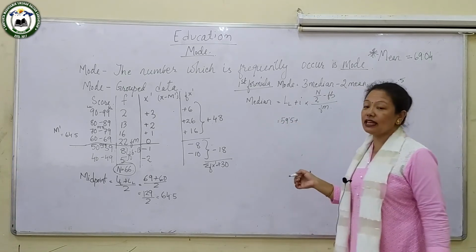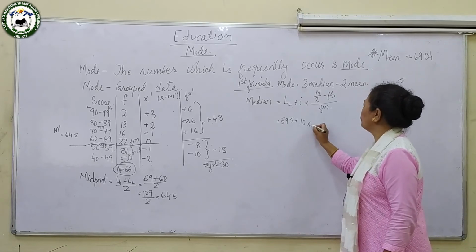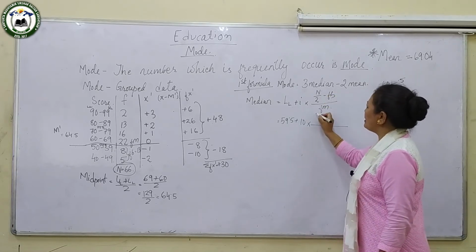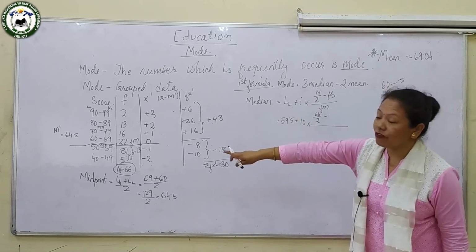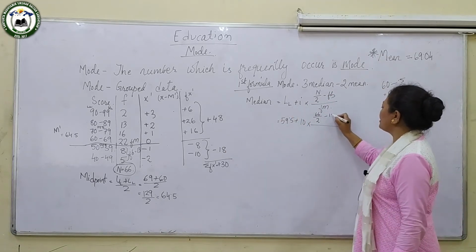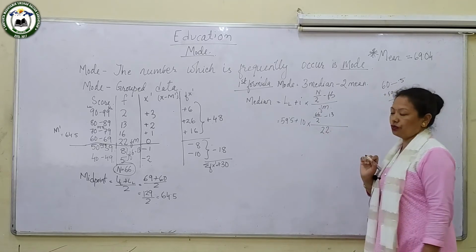So my actual lower limit is 59.5 plus, what is the interval? Again 10 into, now my n is 66 divided by 2, and my FB is 13 and my FM is 22.